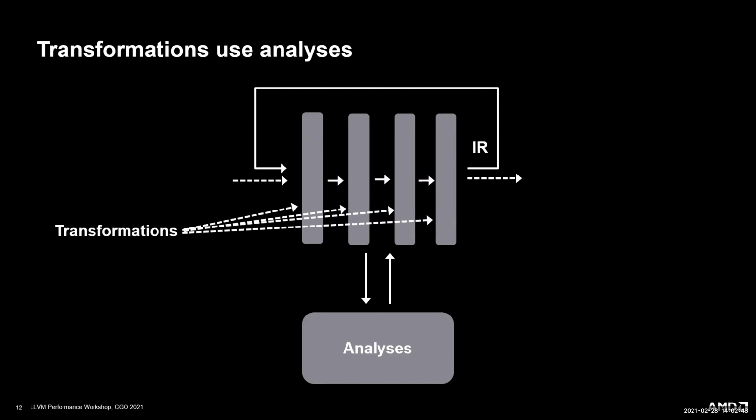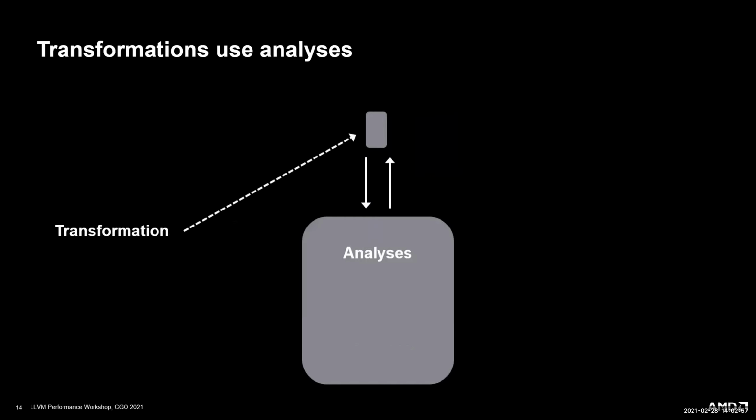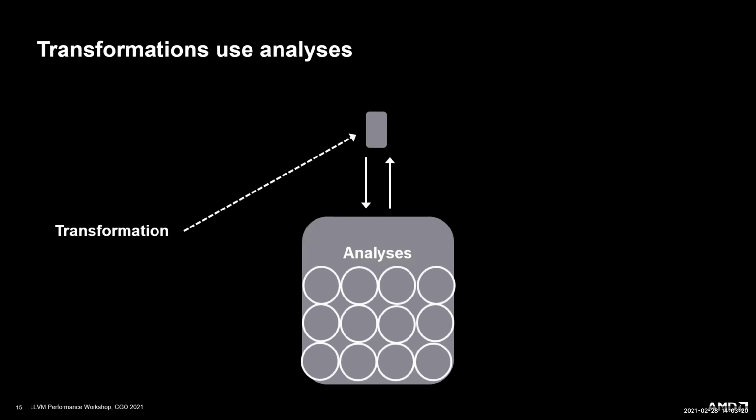Now, to again reduce our scope, we'll just talk about a single transformation that uses an analysis, so that we can dive into the section which we are interested in. As we saw, transformations are serially arranged, so each transformation acts on the IR and transforms it, optimizes it to something else. But we cannot say the same about analysis. Let's consider analysis.